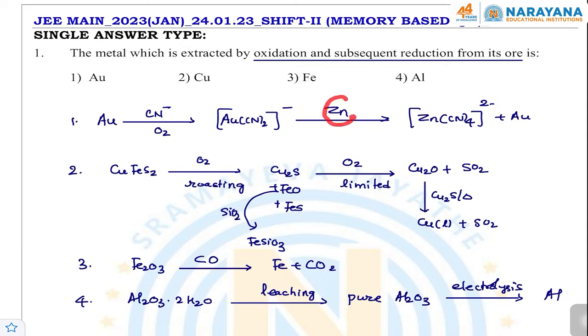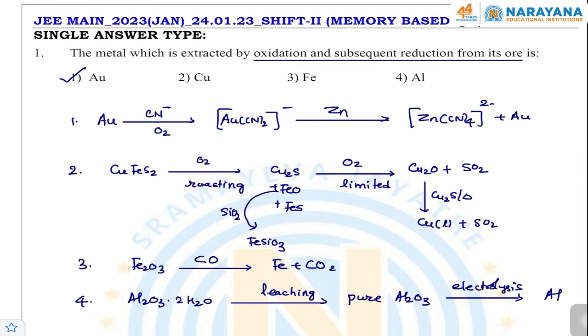So zinc is acting as reducing agent. So overall we can see in this extraction of gold, oxidation by O2 and reduction by zinc are involved. Therefore, the gold extraction involves both oxidation and subsequent reduction.